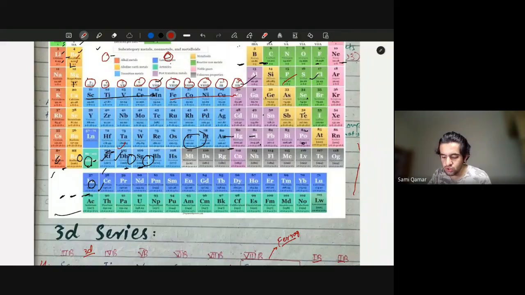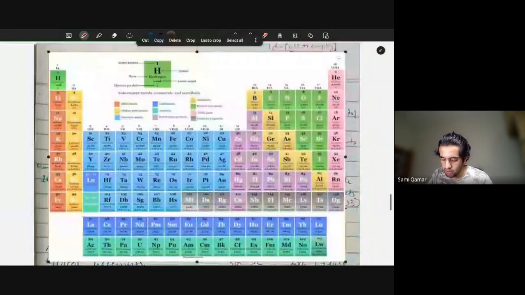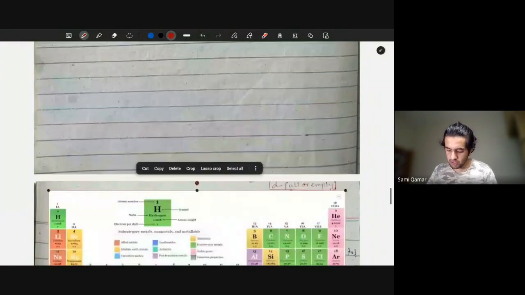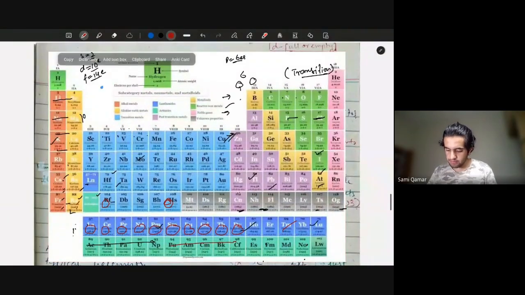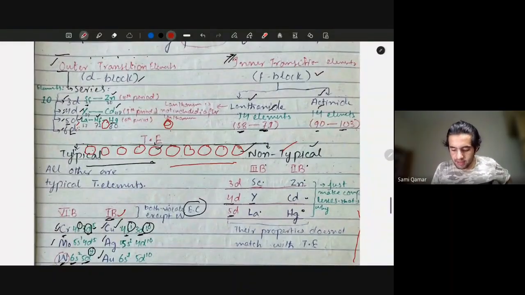In F block, what you need to know is this thing. This is the lanthanide series. The lanthanide series starts from lanthanum, but remember, lanthanum is not included in the lanthanide series.